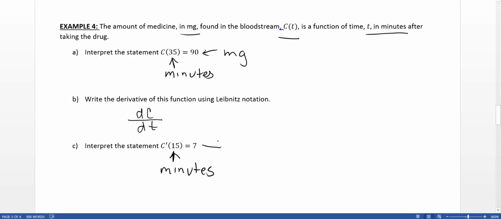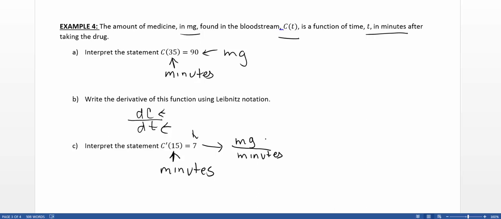And the units of our derivative are going to be the units of C over the units of t. So the units of C are in milligrams, and the units of time are in minutes. So the units of 7 are in milligrams per minute. So the statement C prime of 15 says to me that 15 minutes after I've taken some sort of medicine, the amount of medicine in my blood is increasing at 7 milligrams per minute.